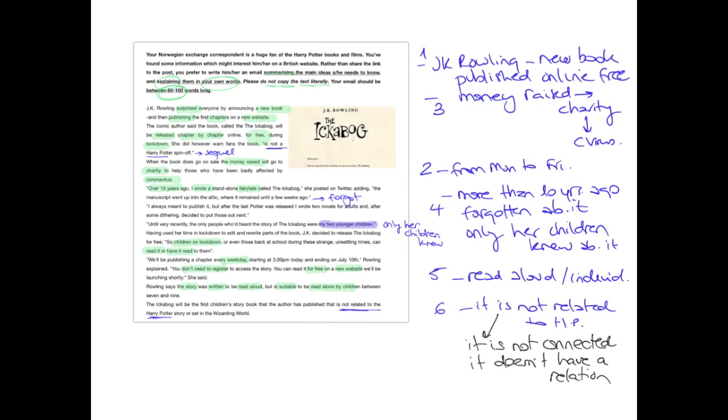Or instead of talking about people affected by coronavirus, you could say something similar, more or less. You could say to people suffering because of coronavirus, for example.